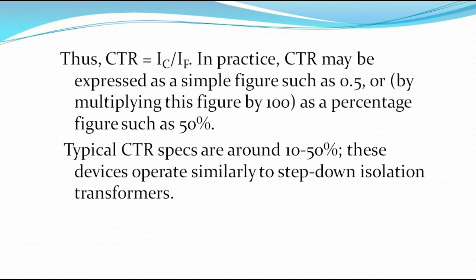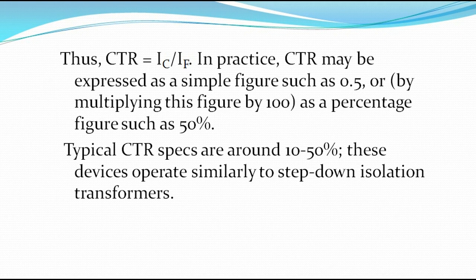Now, thus, current transfer ratio is an abbreviation, just as I explained before: collector current and forward current. In terms of mathematics, we call it numerator and denominator. The collector current is the numerator, while the forward current is the denominator.